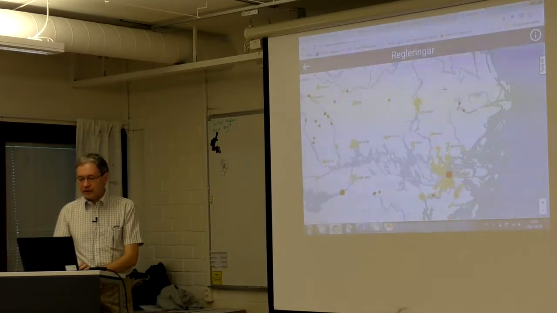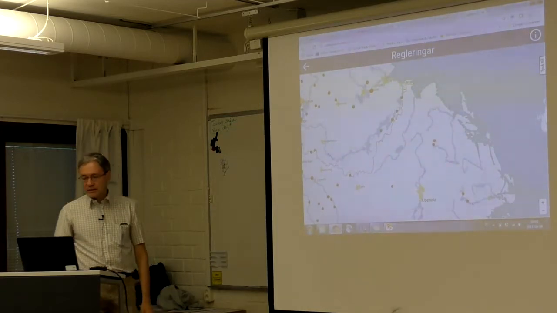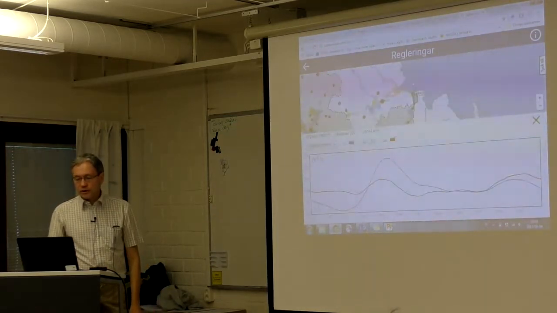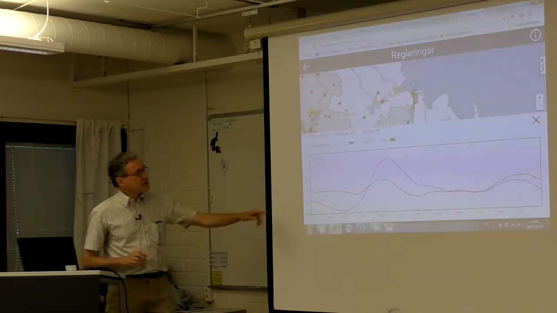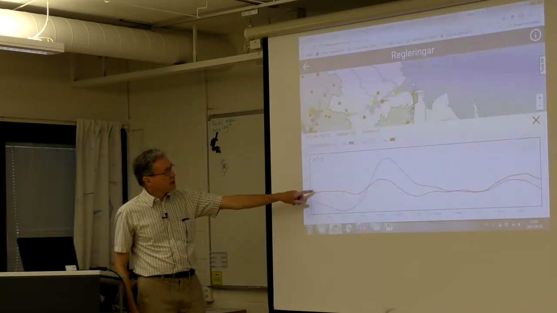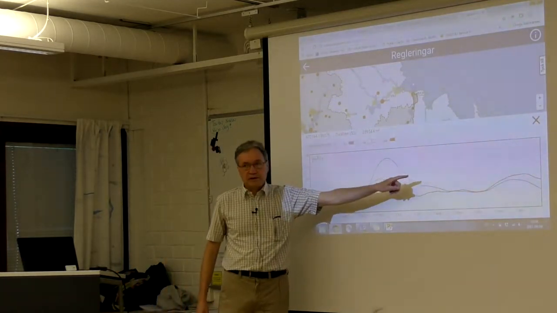And we can go back to the same river, Dalälven again, and we can look at the discharge here. So this is a tool for exploring the regulations. And this is the modeled flow under current conditions.